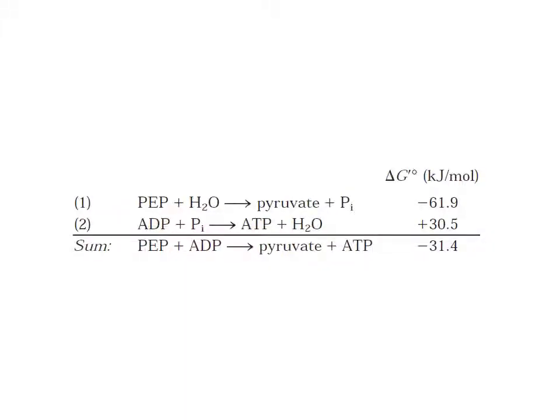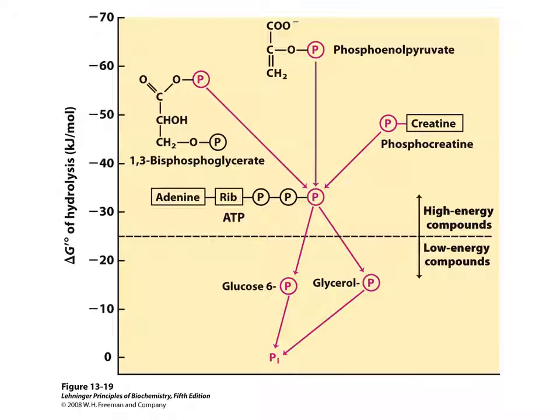So even though the delta G of the final sum reaction is the algebraic sum of the two, the final reaction is basically a standalone reaction in which we assume that PEP directly transfers a phosphate to ADP, and then we produce pyruvate and ATP. Now let's look back at our previous diagram.